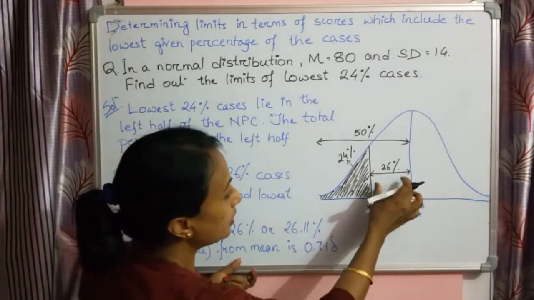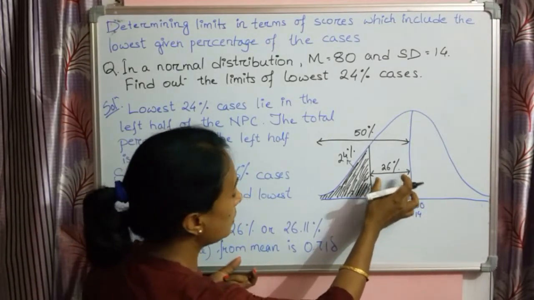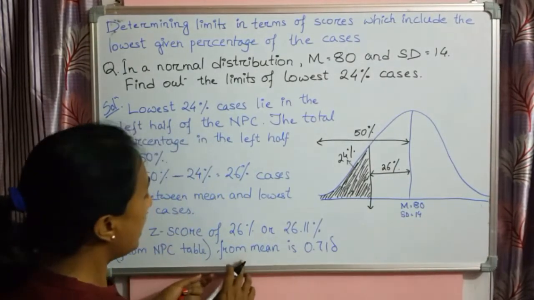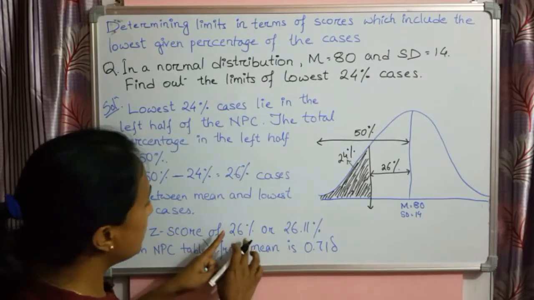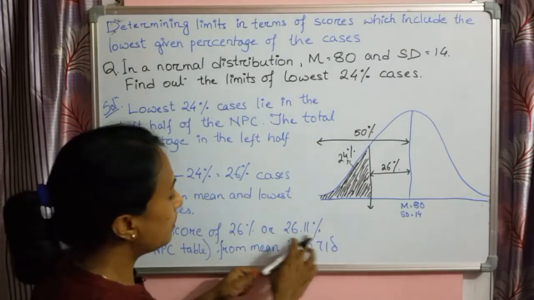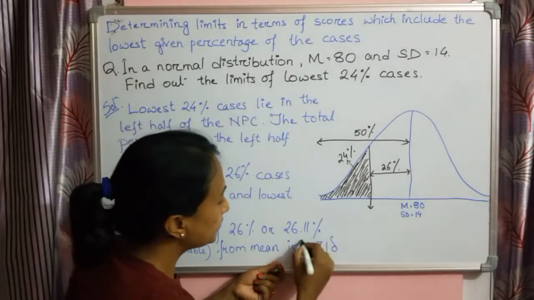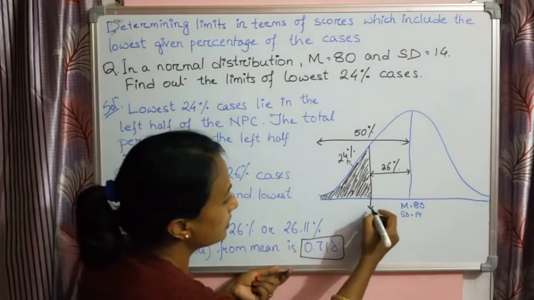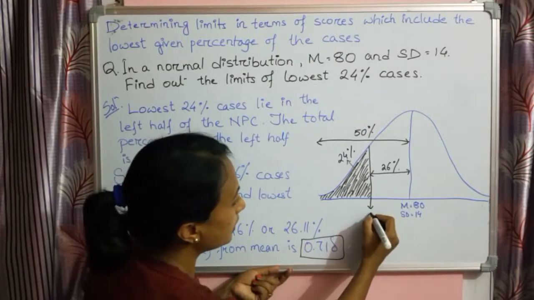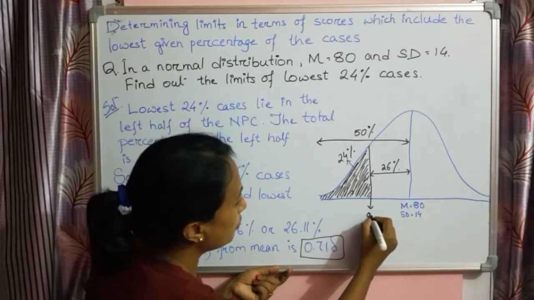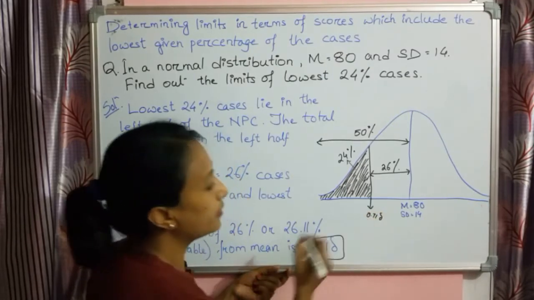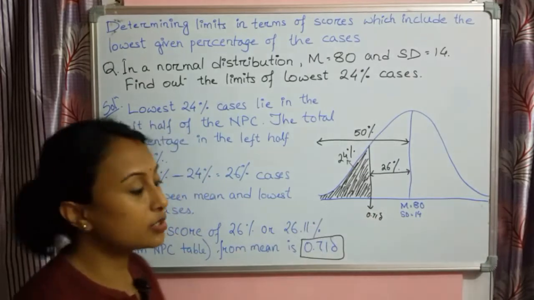The Z score of 26.11% from the mean is 0.71 standard deviation. We have the Z score now.